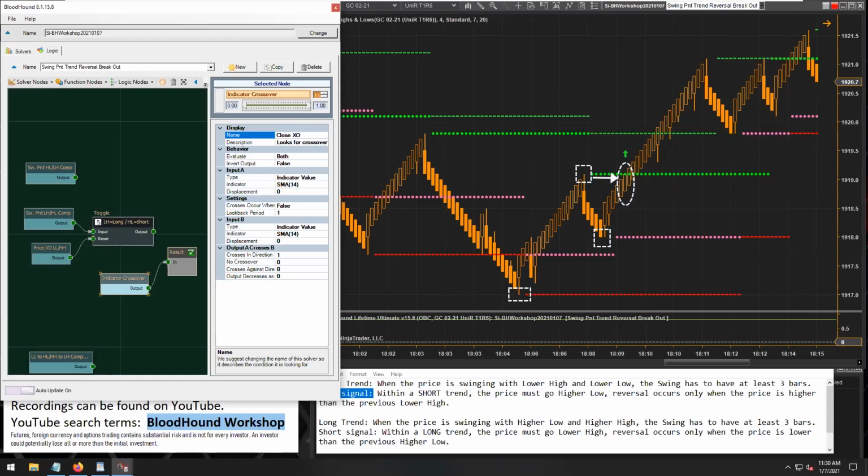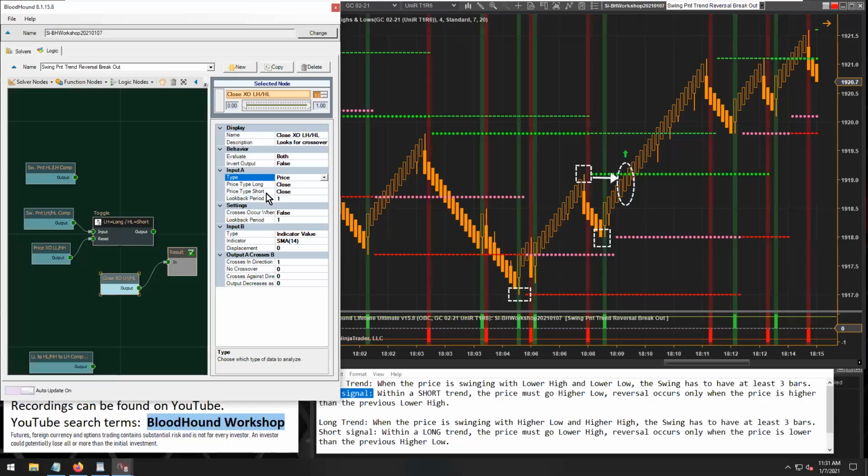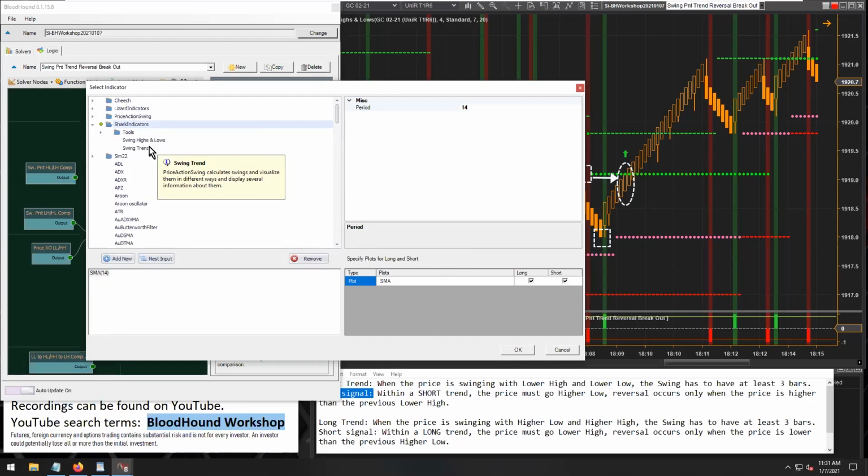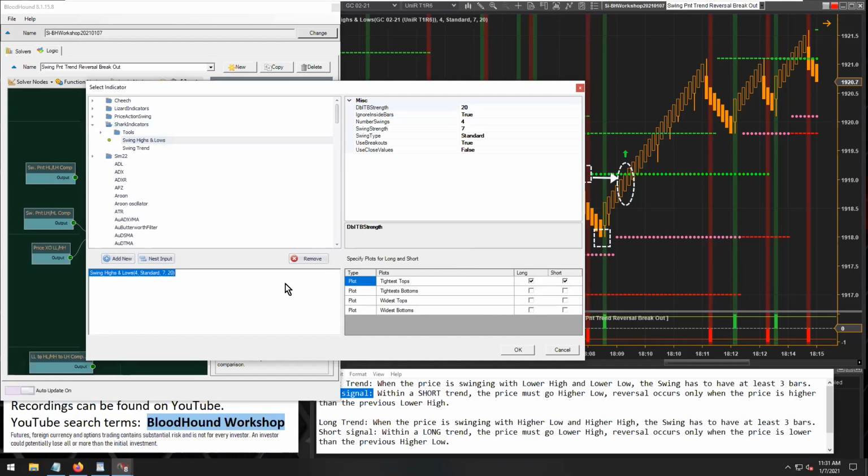All right, so we're looking for the close of these Renko bars to cross over the lower high or the higher low. So again, for a long signal, price is going to be crossing a lower high. Input A will be price, and this time we are actually using the closing price of the bar. Input B will be our swing highs and lows indicator.